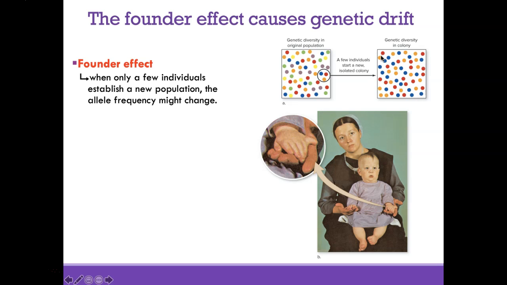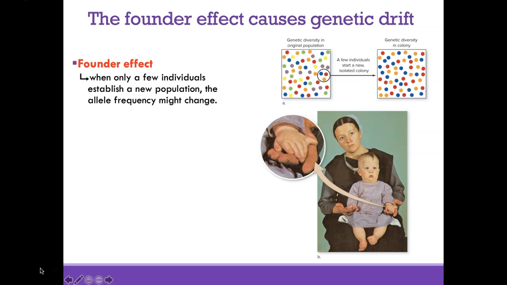And in the new colony, in the new population, it's not going to represent the same diversity. In this new colony, we eliminated all these other colors that were present in the original population. Right? So that's an example of genetic drift, sampling error. This sample that migrated to a new colony does not represent the original population.